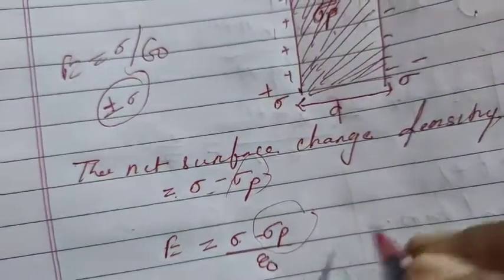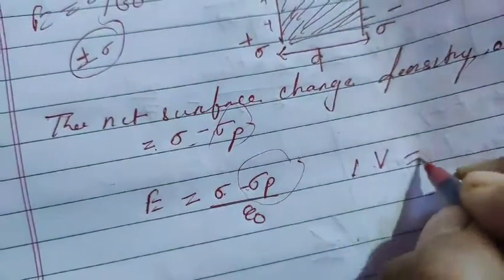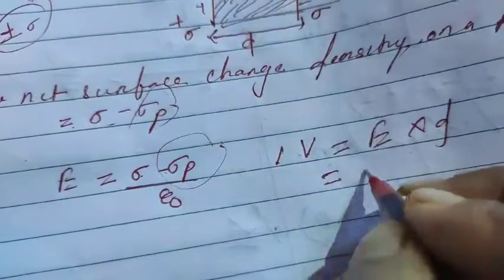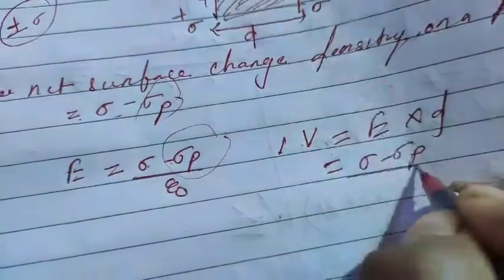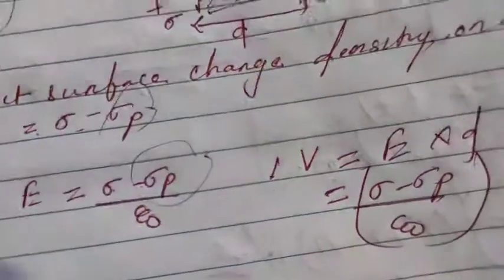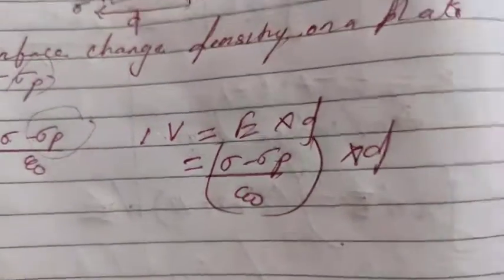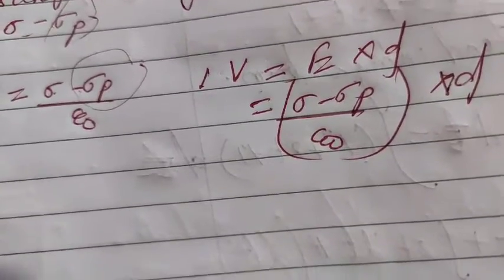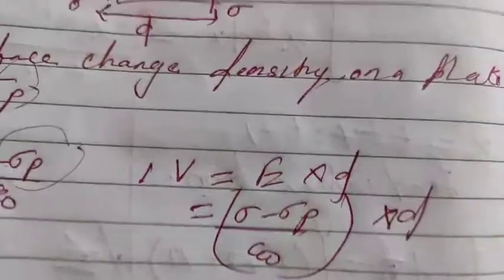Okay, now what is the potential difference, you tell me? You all know the formula, V is equal to E into d. E stands for (sigma minus sigma p) by epsilon naught. You can keep this as a bracket into d. Clear? This much you have understood? Okay, now suppose sigma minus sigma p is proportional to sigma, means the total charge density.